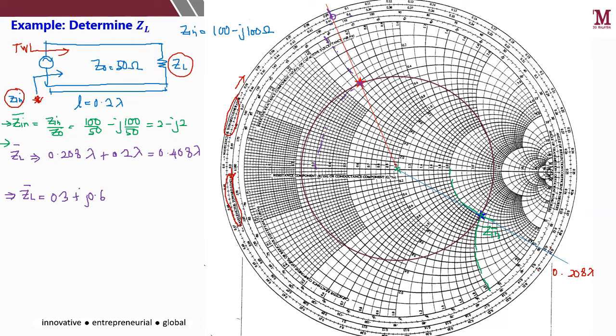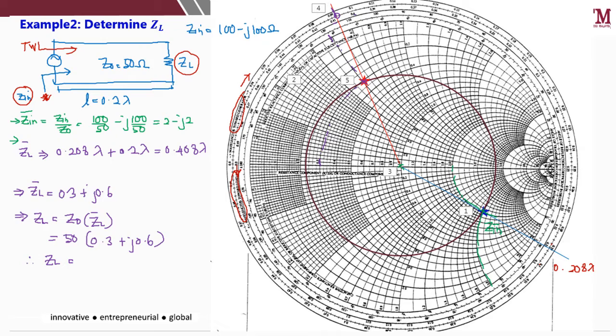Okay, so this is normalized ZL. So to get the real value of your ZL equal to Z0 multiply with normalized ZL equal to 50 multiplied by 0.3 plus J 0.6. Then you'll get your final or real ZL values.